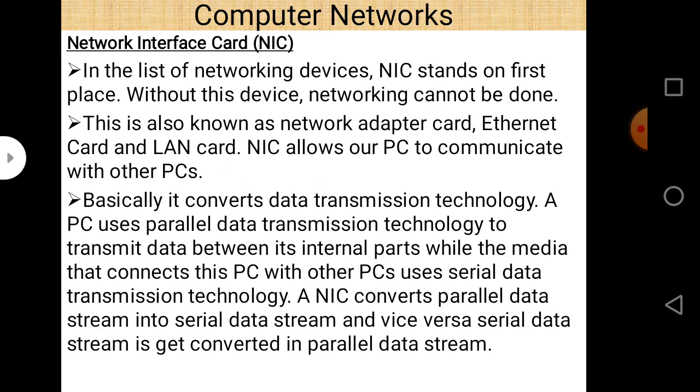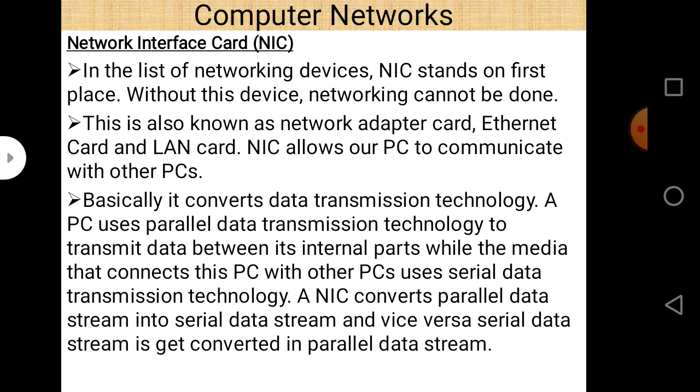There are three important points regarding this. First of all, NIC is a networking device. Second, NIC stands for network interface card, and it is an important network device used for networking. When we want to share data from one computer to another, we use a network interface card. Third, it uses a transmission technology in which data can be transferred in parallel within the computer system or within internal parts.